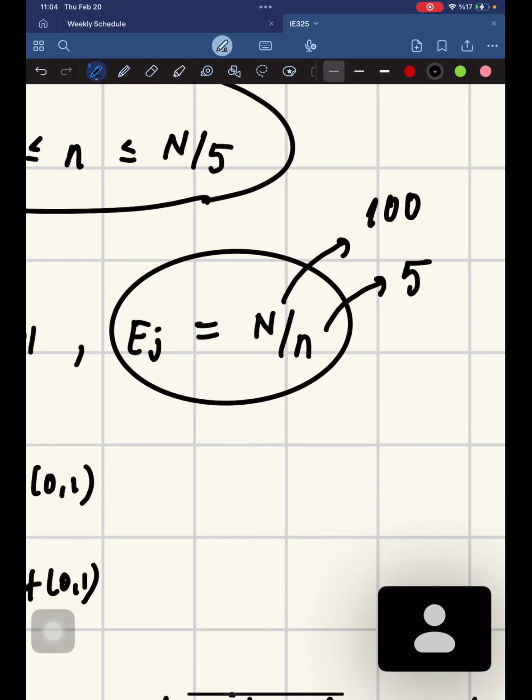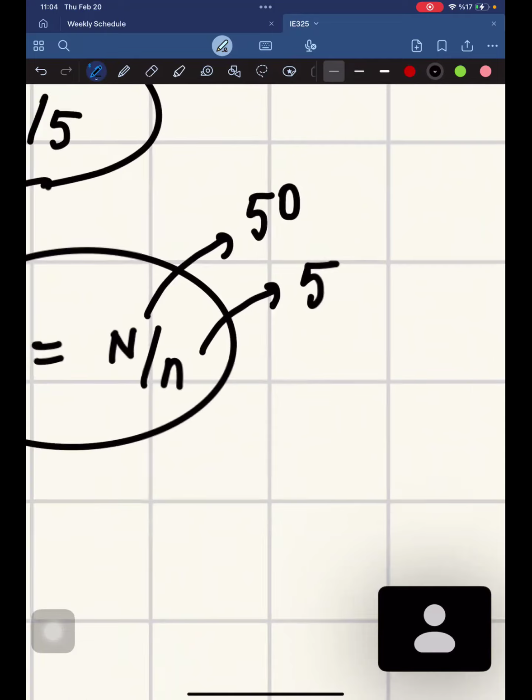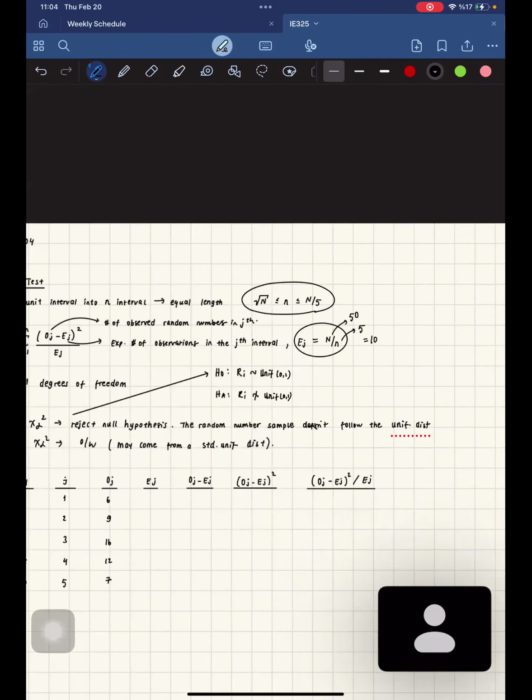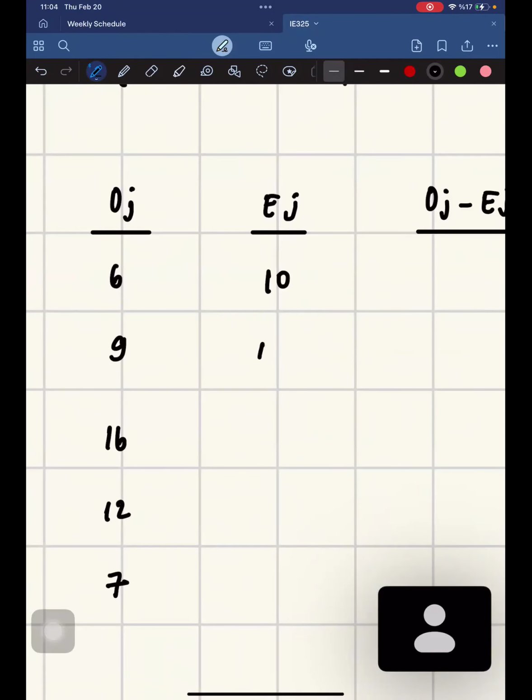Okay, it's 50, not 100. That's why I got confused. So 50 divided by 5 is 10, and I expect 10 here.